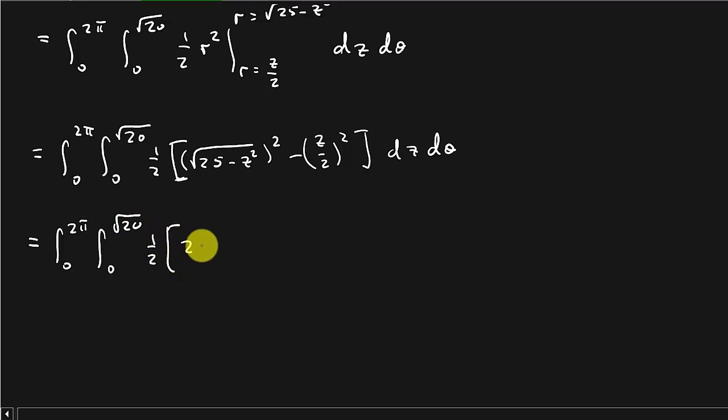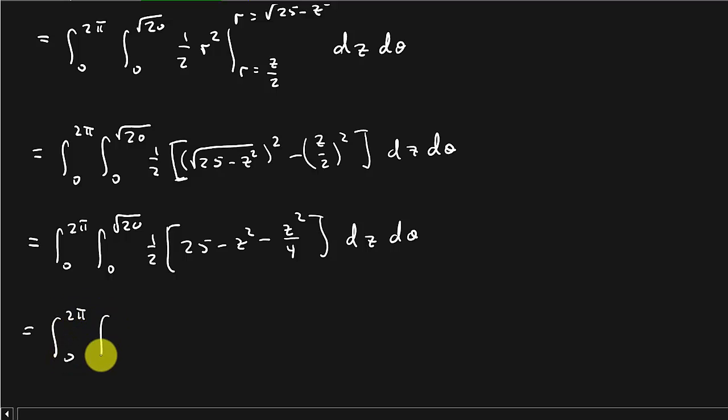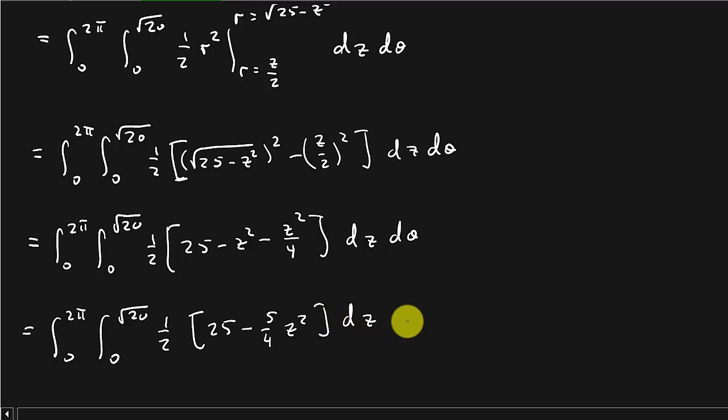All right, so we got 25 minus z squared minus z squared over 4 dz d theta. And so, like I said, I'm just going to take my time. 0 to square root of 20, that's 1/2 times, and that's going to be 25 minus 5/4 z squared dz d theta. Okay.